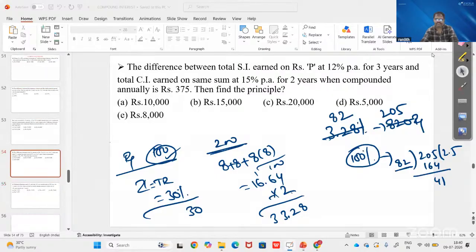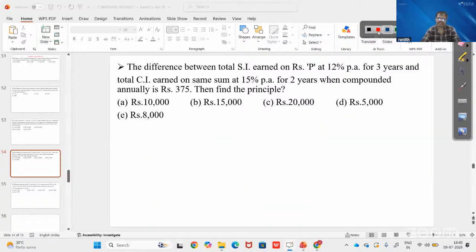Next. Difference between the total SI earned on P rupees at 12 percentage per annum for 3 years.